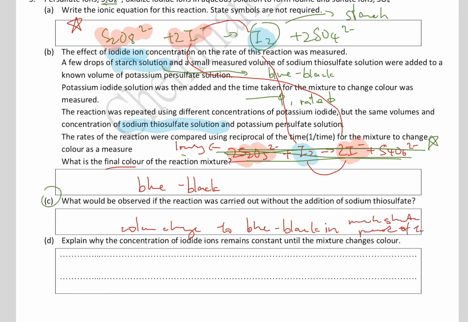The main problem is that if the time taken is really small, maybe 10 seconds or less than 20 seconds, then the error for this time measurement will be really big. And when you increase the concentration of I minus, the reaction will be even faster, and it will become much more difficult to measure the time for the color change. Then the experiment will be really inaccurate.